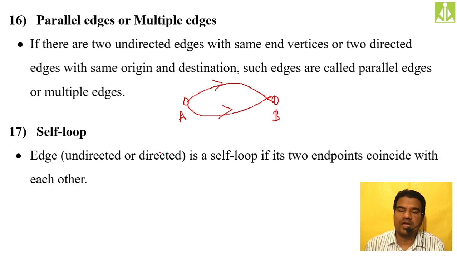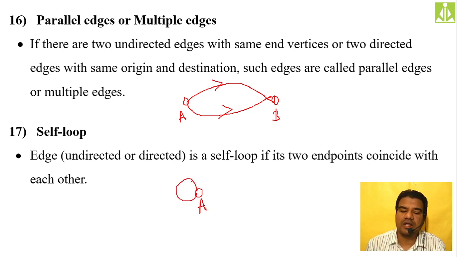Self loop: where for a particular edge both the source and the destination, both origin and destination, are the same vertex, we call such an edge a self loop. Let us say we have only one vertex over here, A, and you have a link like this.